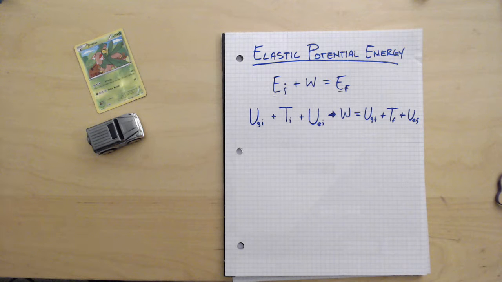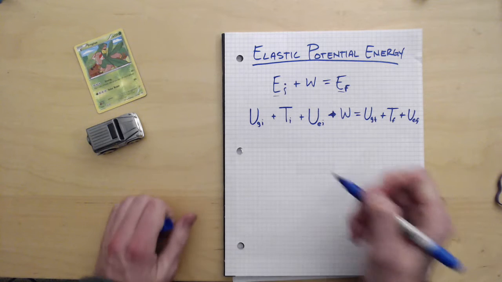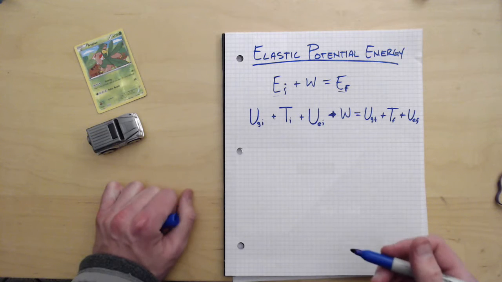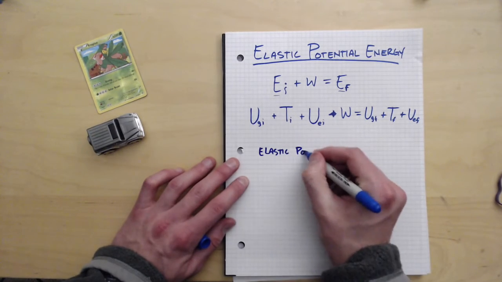But first we should probably talk about what is elastic potential energy and how do we describe it in physics. Well, basically elastic potential energy all comes down to something that stretches, like a spring or a rubber band.